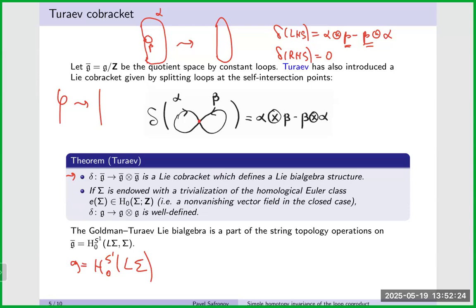Not in the case of GLN, but if you look at some supergroups, you can relate it to some BV structures. If you just look at the usual representation variety, you don't see the Turaev co-bracket there. Okay.